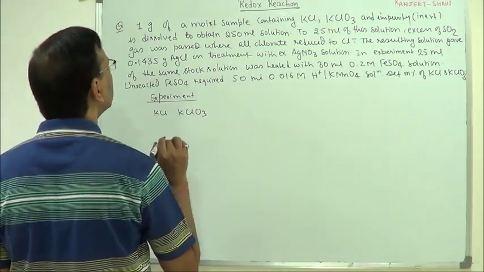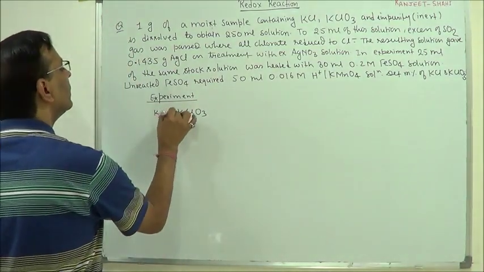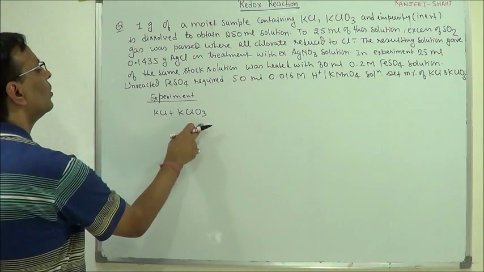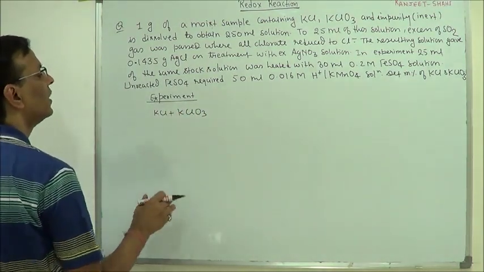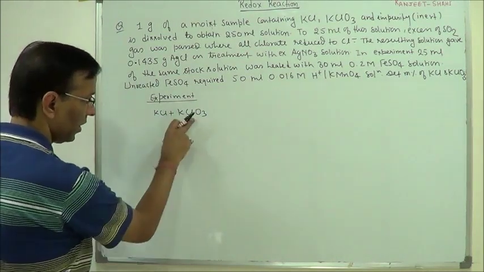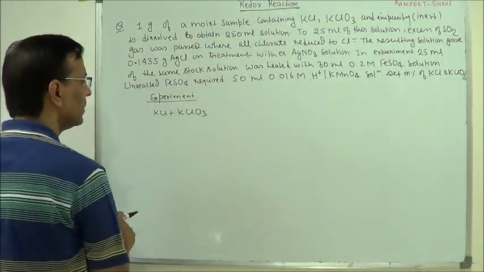And we can say that if X mole of KCl and Y mole of KClO3 are there, it will give X mole of chloride, it will give Y mole of chloride.